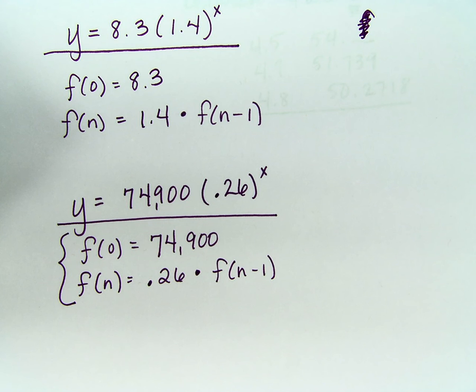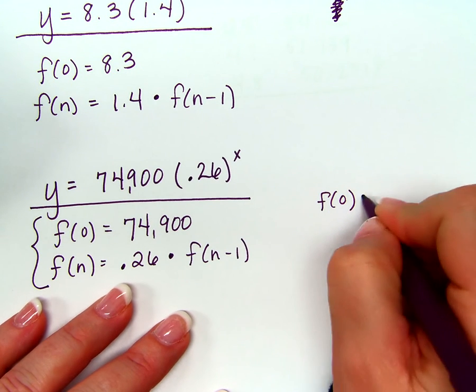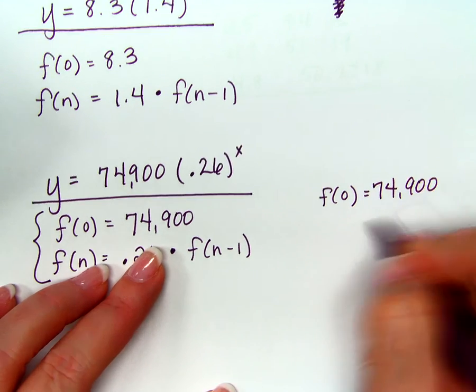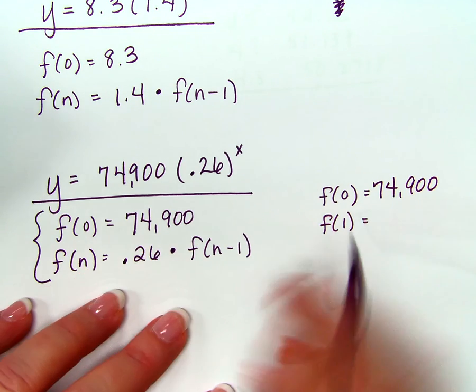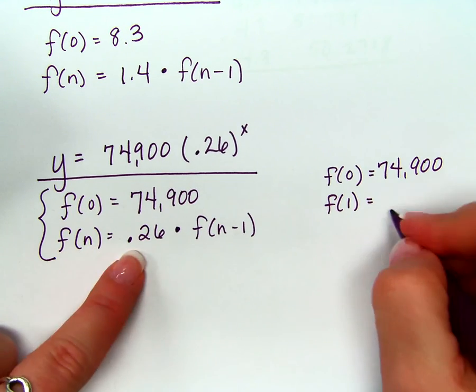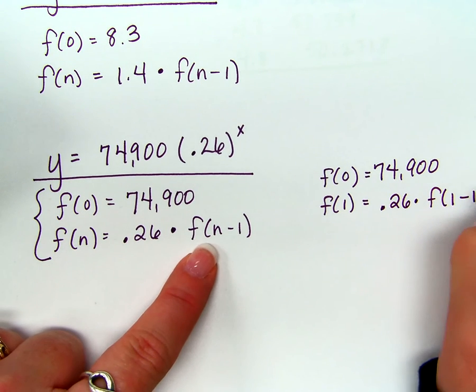Now, if I ask you to list the first 5 terms, could you do that? Okay, so f of 0 would be what? Well, we already know that, right? What about f of 1? If we're finding f of 1, I say 0.26 times f of 1 minus 1.